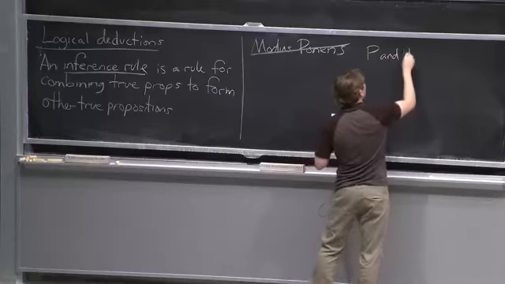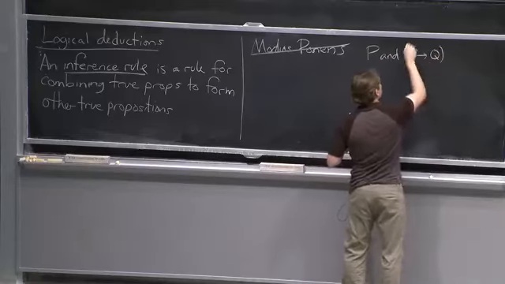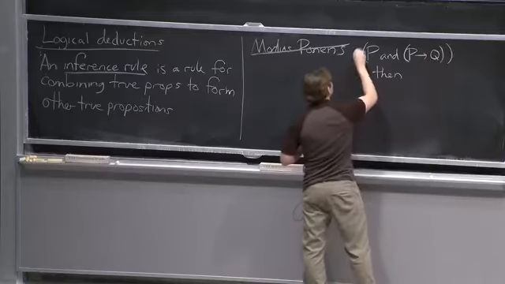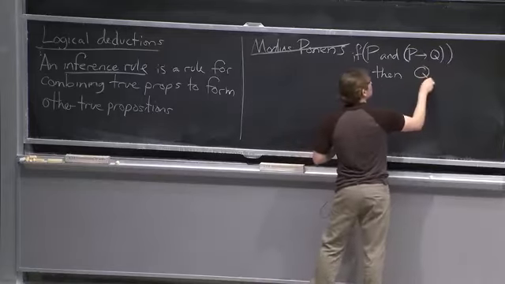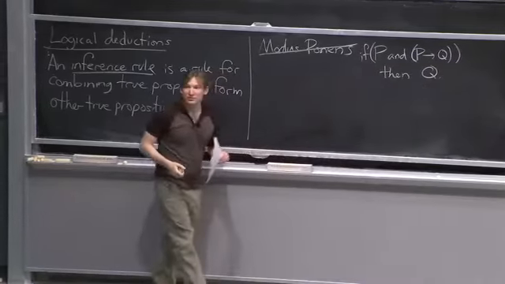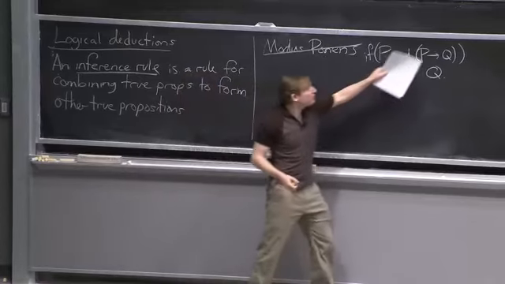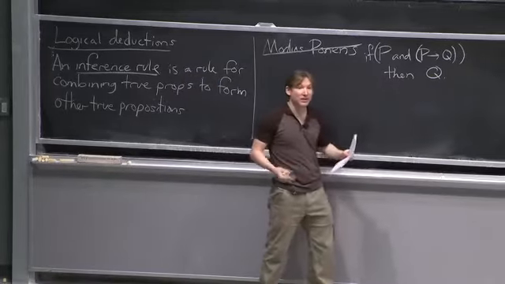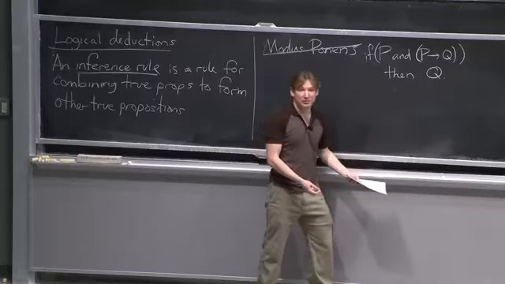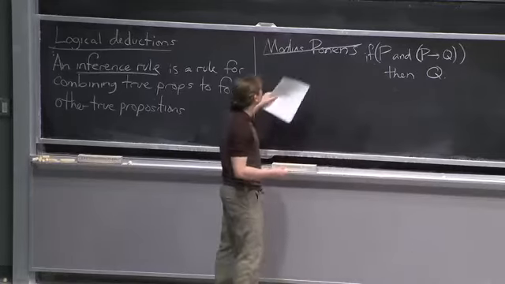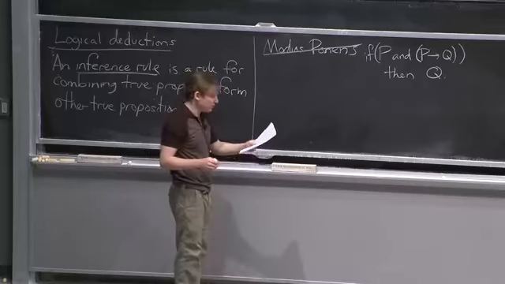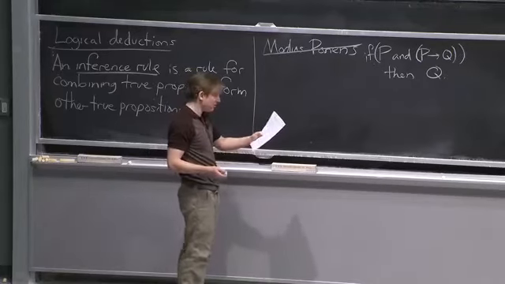If we know P and we know P implies Q, then we know Q. If I think and thinking implies amming, then I am. Very intuitive. Let's, again, never mention this by name. That's way too precise for our purposes.